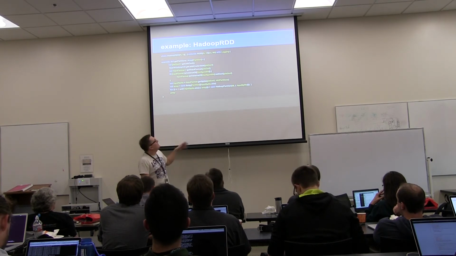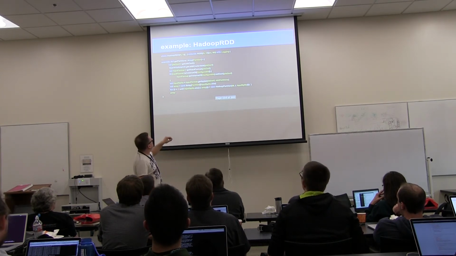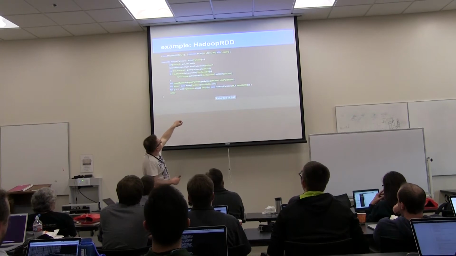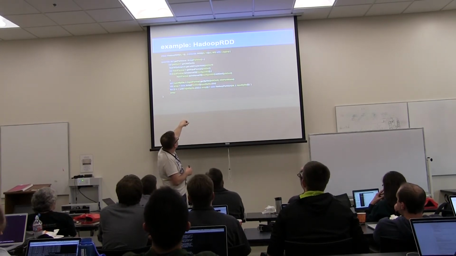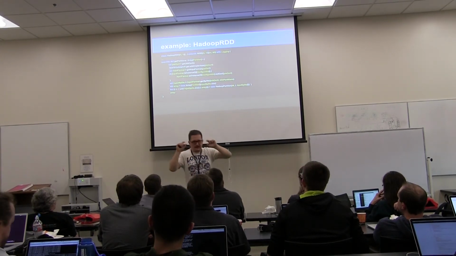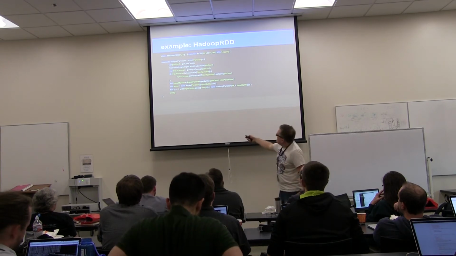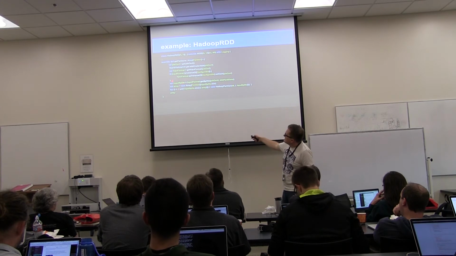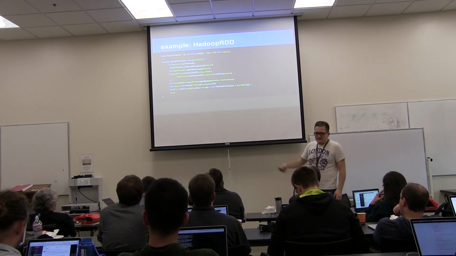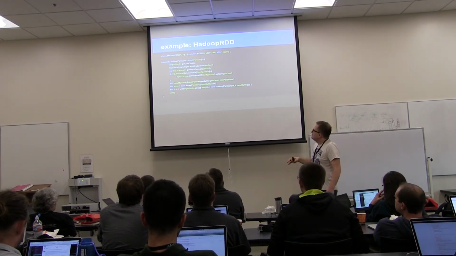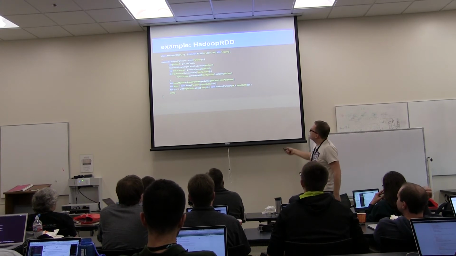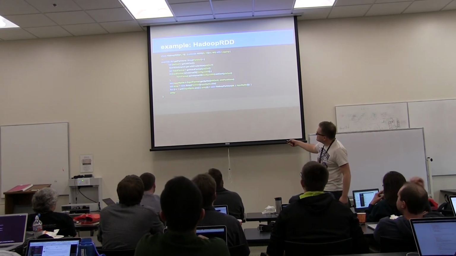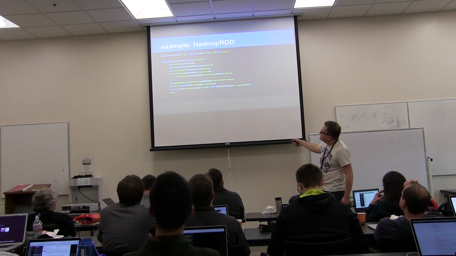I know it looks scary, and it is, but there are only 2 important parts. The first part is getSplits. It takes those HDFS splits and returns them as an array. And yes, it's imperative code. I know it's a functional programming conference, but Spark, deal with it. It's just taking a new array of partitions.